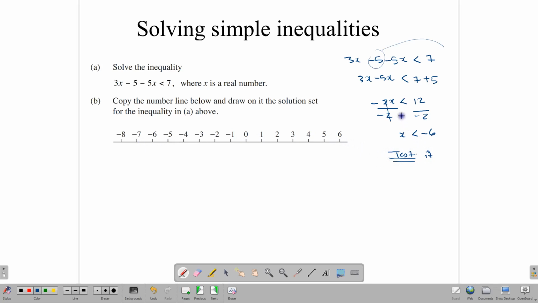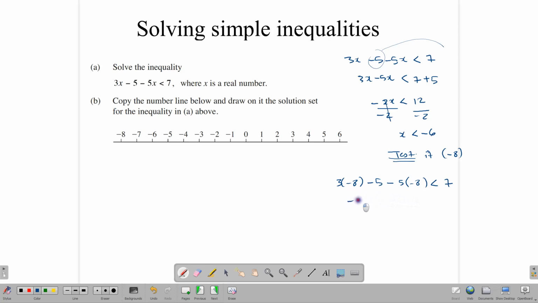So if x is less than -6, then we're going to use -8. 3 times -8 minus 5 minus 5 times -8 is going to be less than 7. So if our answer lies there, then the statement will be true.